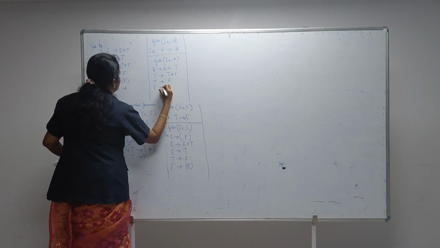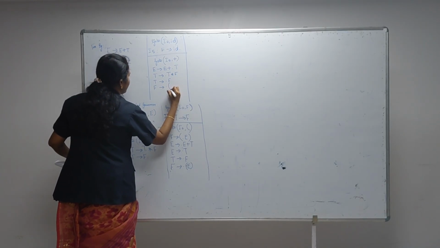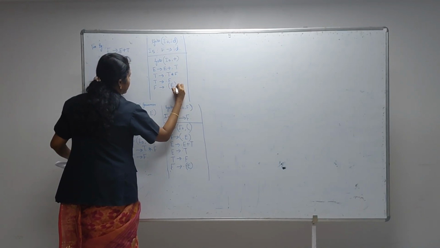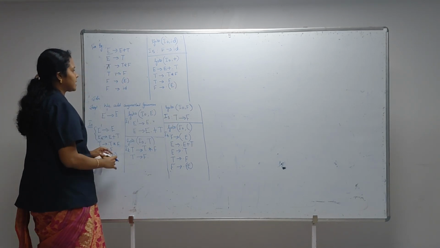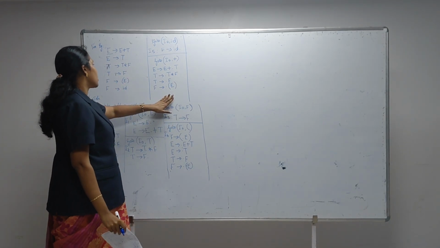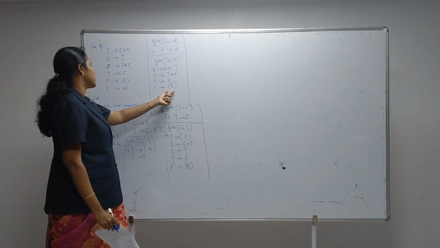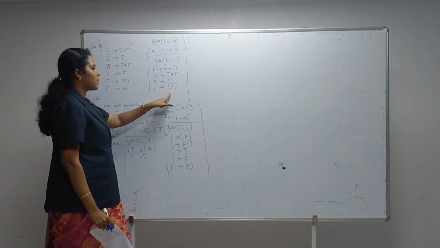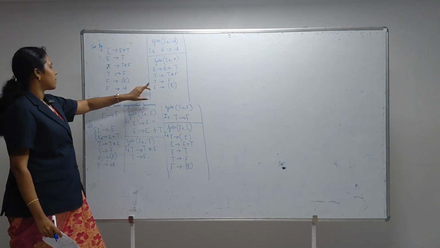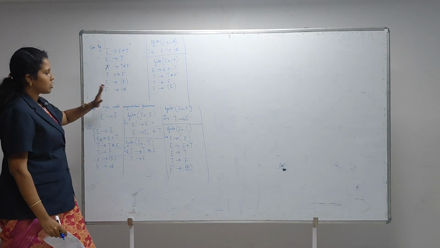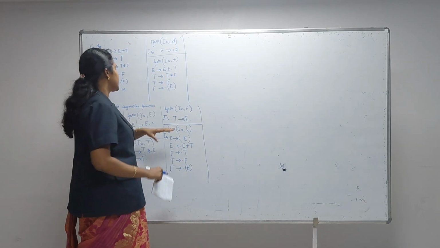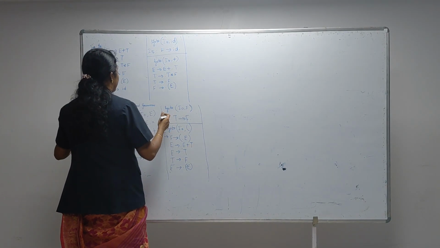So here F tends to dot open parenthesis E. We will be terminating this production here, because we don't have any non-terminals within this. We will be having only the terminal, that is the open parenthesis, and we don't have any open parenthesis productions in the questions. So it will be terminated here. So we are just moving to the next productions.